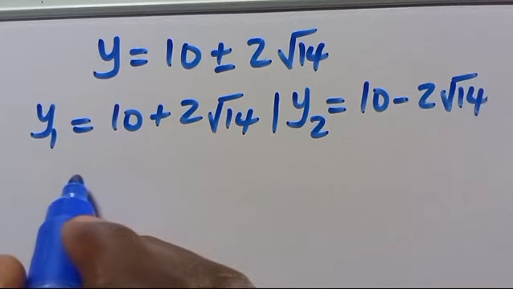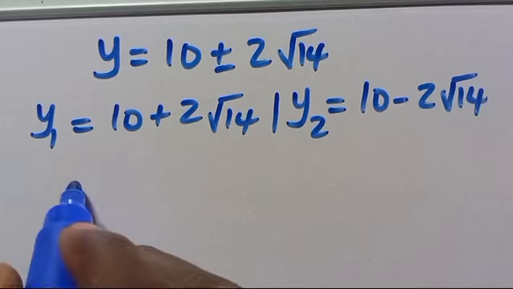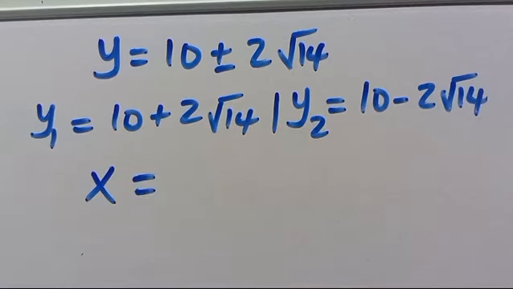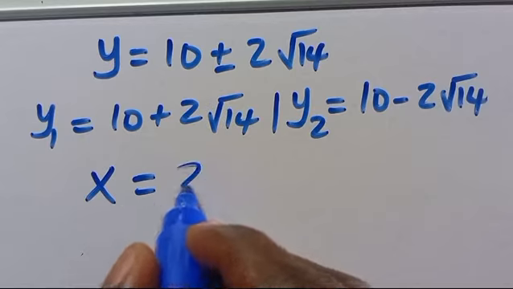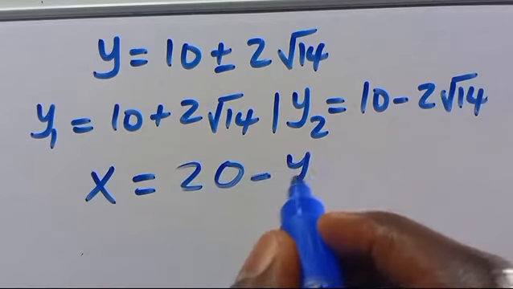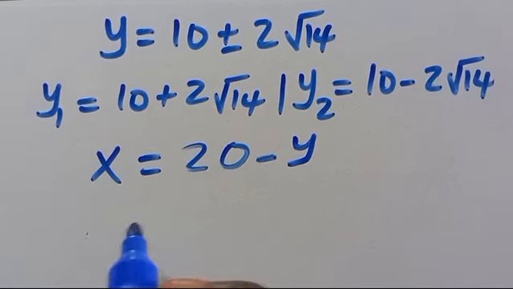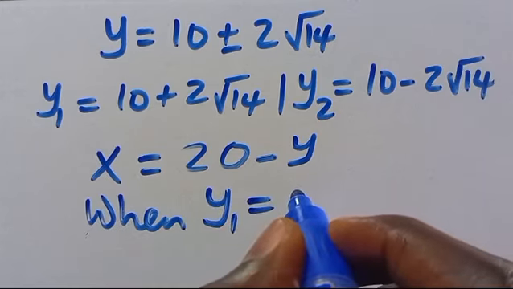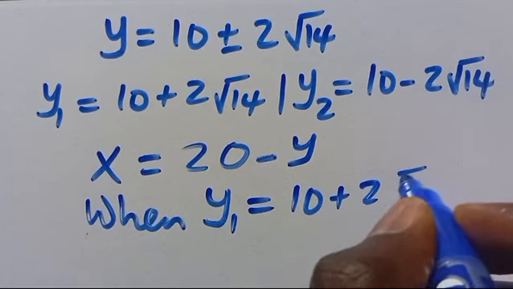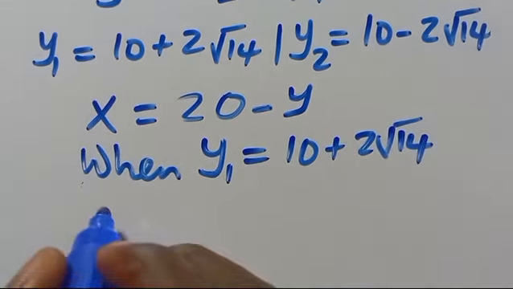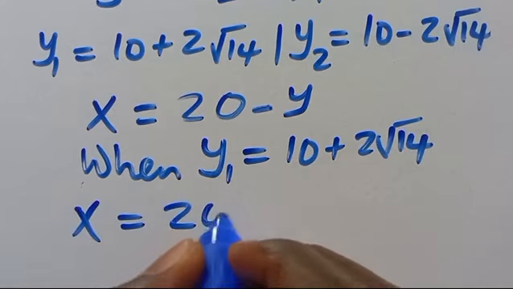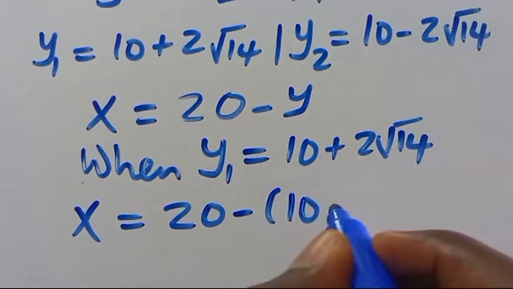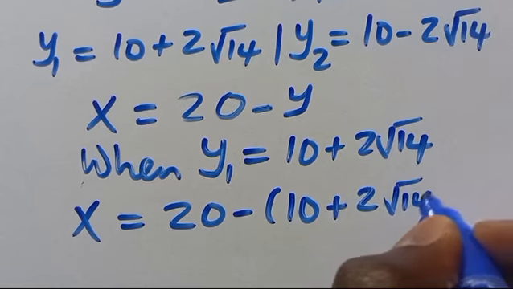So now to get x, let us recall where we have x equals 20 minus y. So when y1 equals 10 plus 2 multiplied by root of 14, x will also be 20 minus open parenthesis 10 plus 2 multiplied by root of 14.